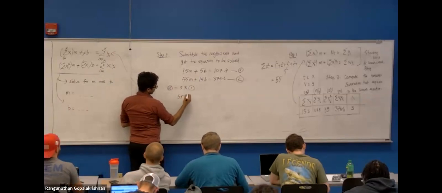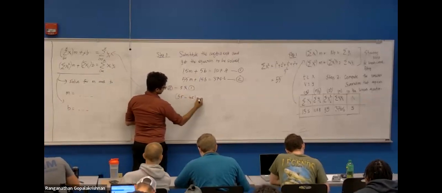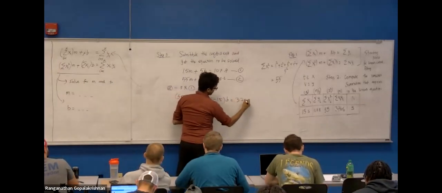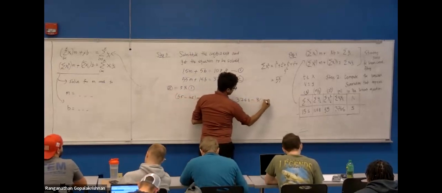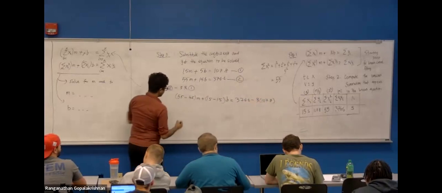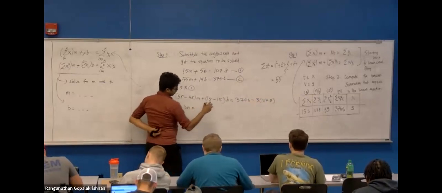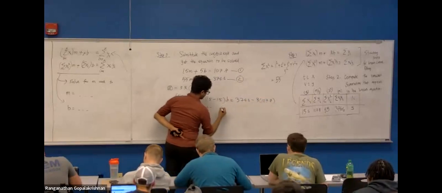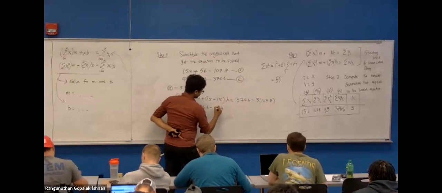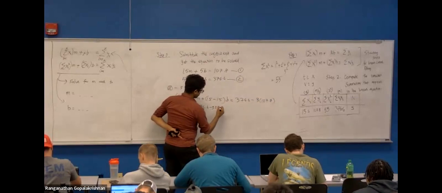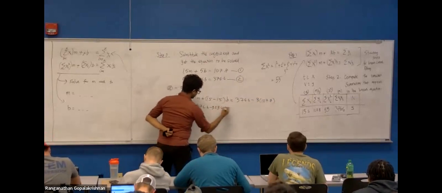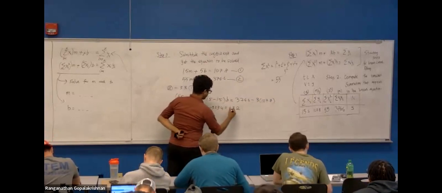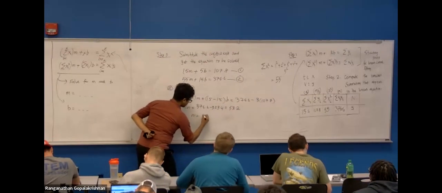So 55 minus 45 times m plus 15 minus 15 times b equal to 376.6 minus 3 times 107.8. That is 10m equal to 376.6 minus 323.4, which is 53.2. So m equals 5.32.